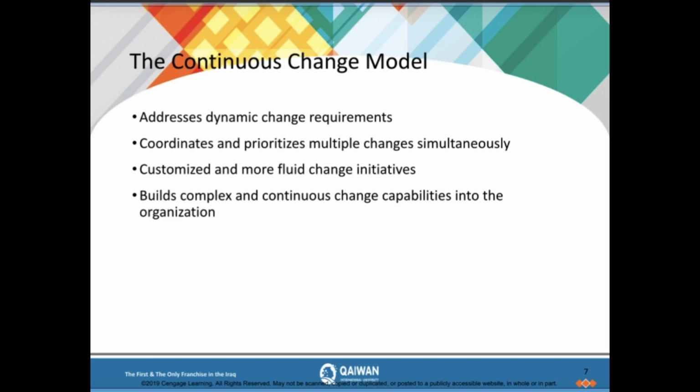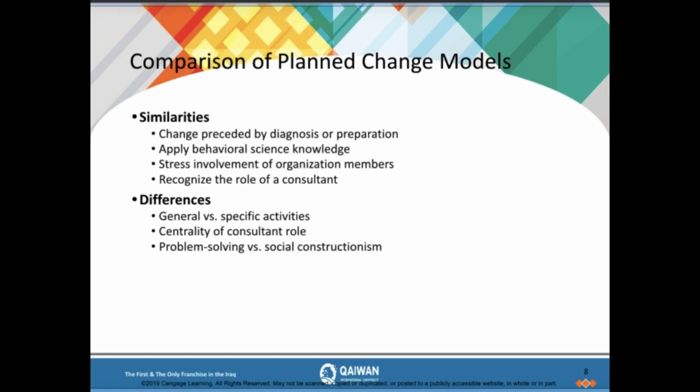Of course, the organization becomes resilient. So the continuous change model doesn't just make one change. It prepares the organization to change all the time effectively. So that's why the continuous change model is so important.